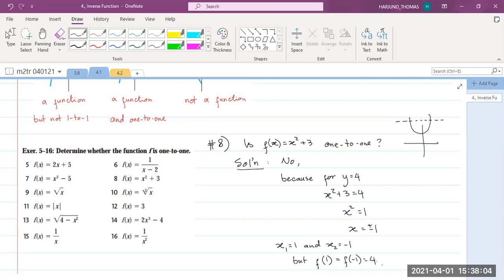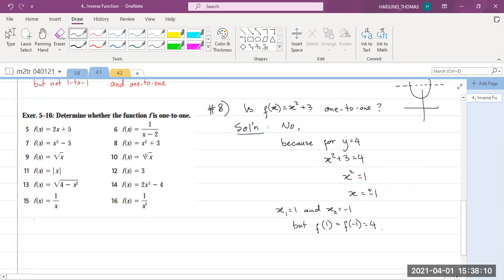Now, how do we show that a function is one-to-one? Let's do an easy one first. Number 6: f(x) equals 1 over x minus 2, is it one-to-one?